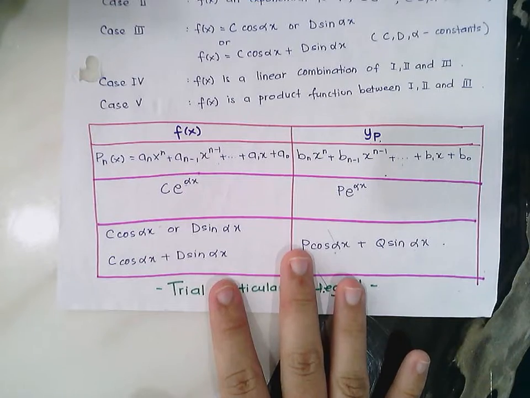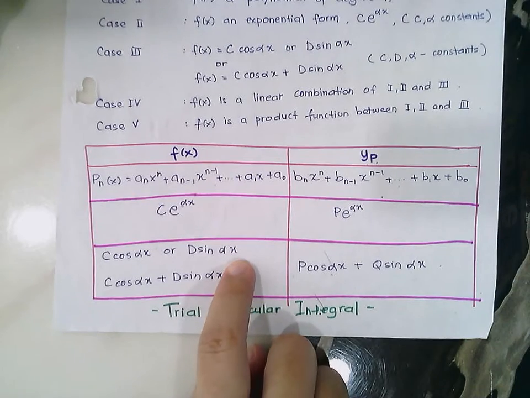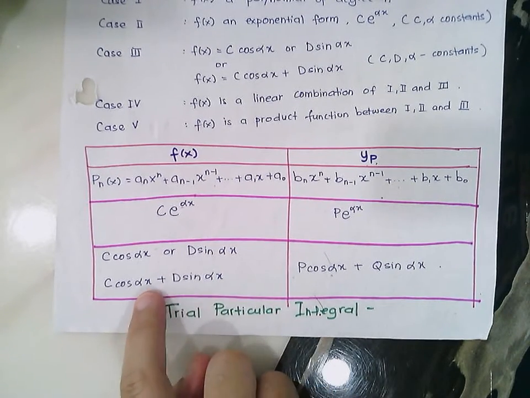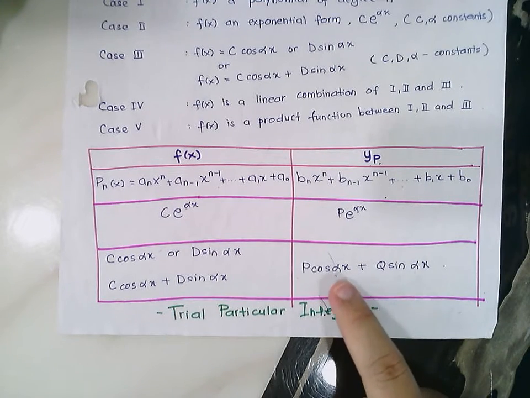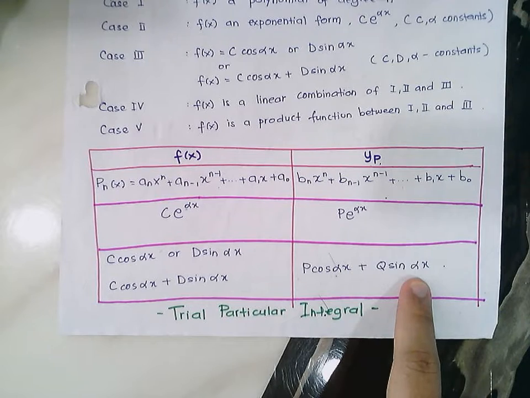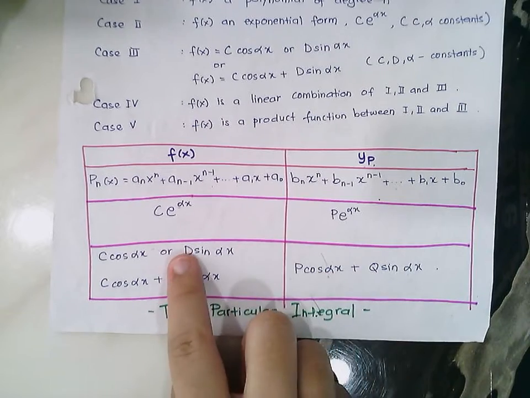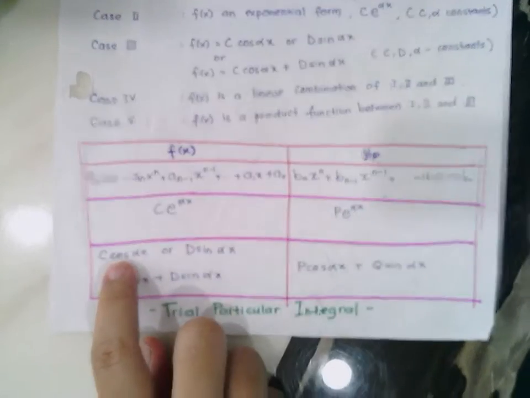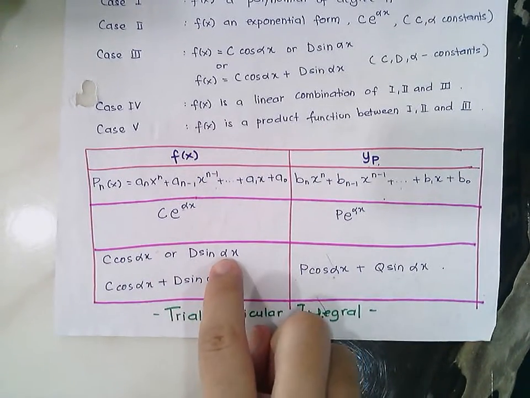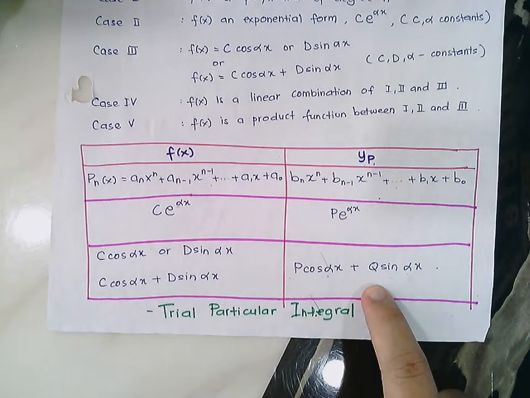If your fx is only a cos function, or only a sine function, or a linear combination of cos and sine, your yp is this one, which is a linear combination of cos and sine. You have to know what your alpha is based on your fx. Remember, when you have only cosine, only sine, or a linear combination, you will use this one as your suggestion for yp.